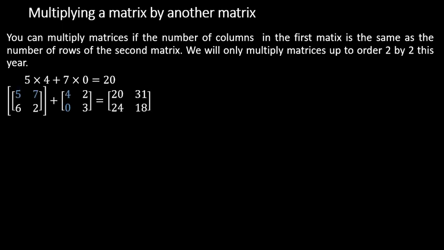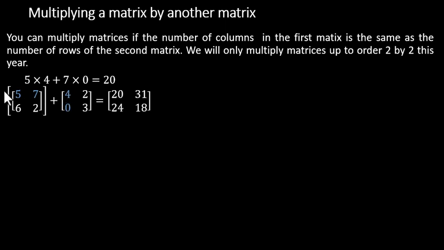Whenever we're dealing with matrices of this nature, we are given these two matrices: 5, 7, 6, and 2, and 4, 0, 2, and 3. In this case, we're going to multiply the first row by the first column.